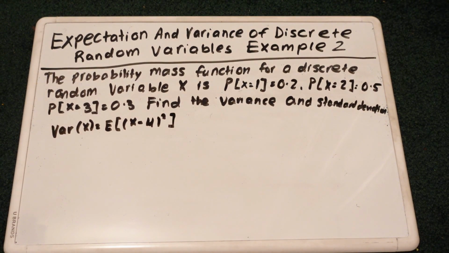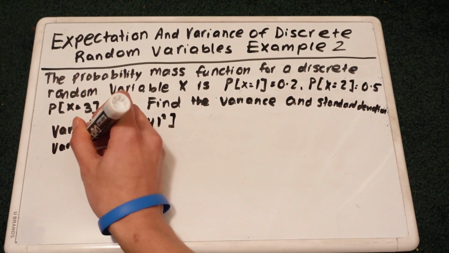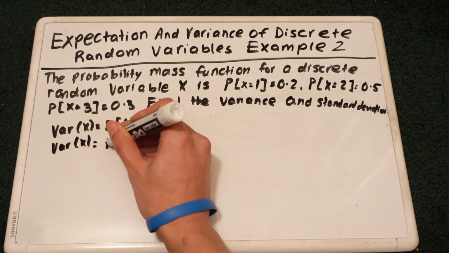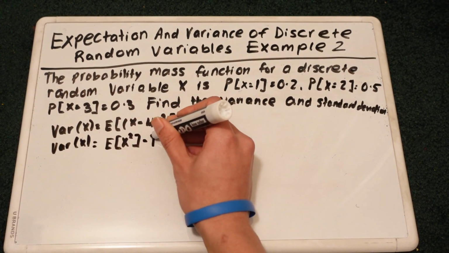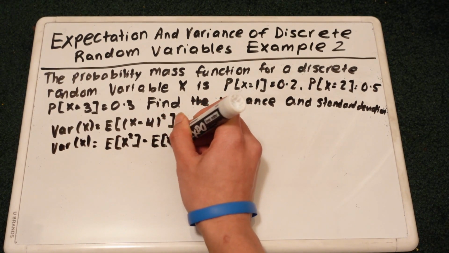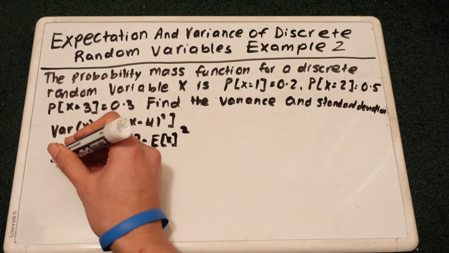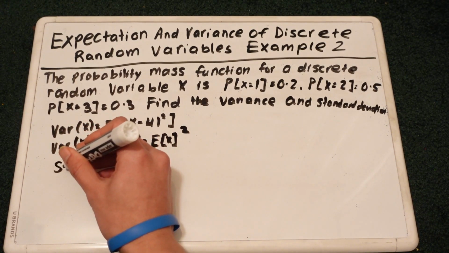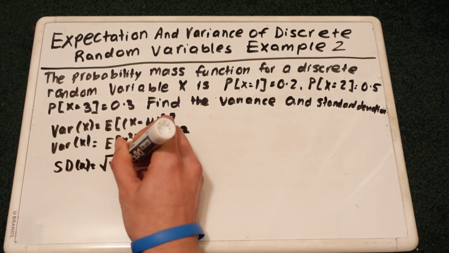A simpler way of finding the variance is Var(X) = E[X^2] - (E[X])^2. And the standard deviation would just be the square root of the variance of X.